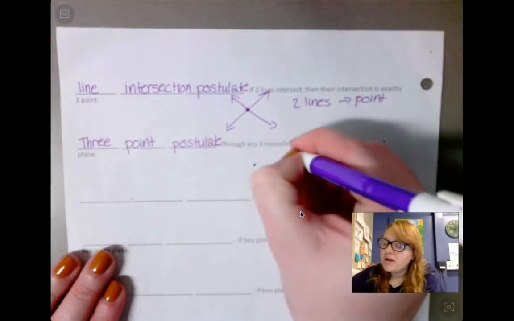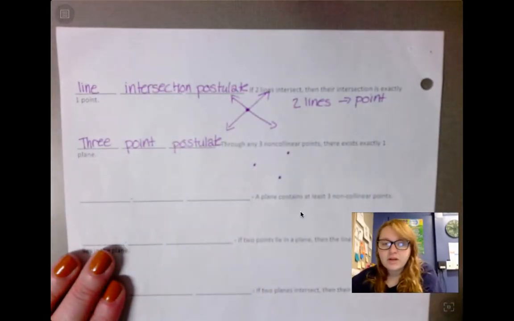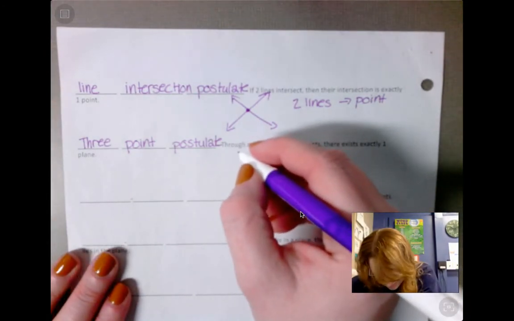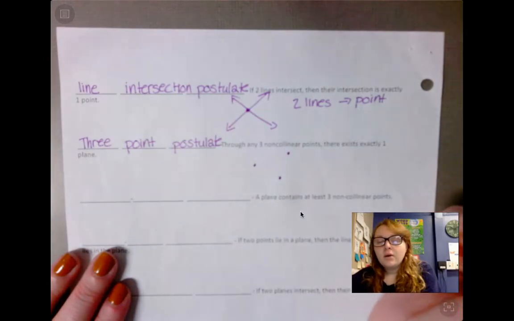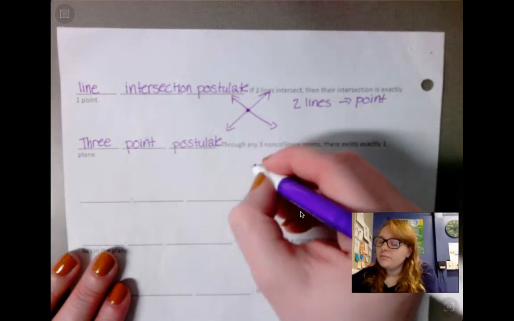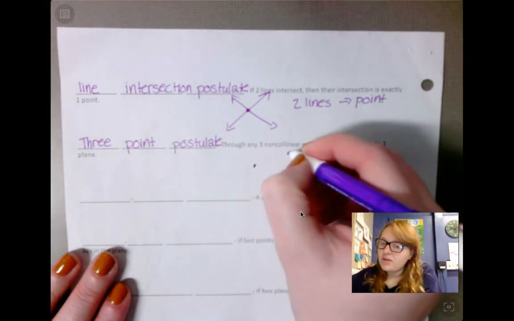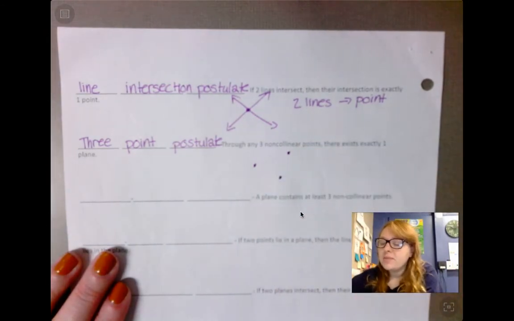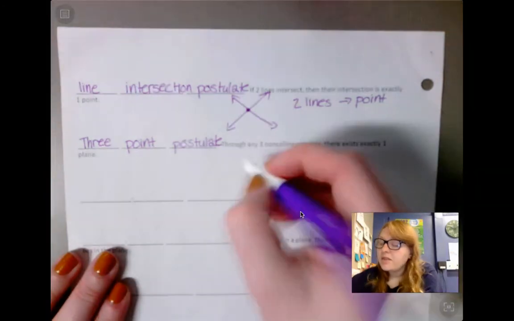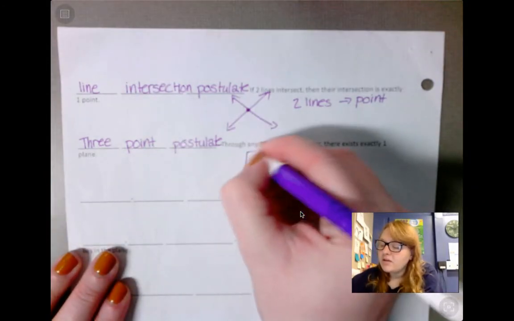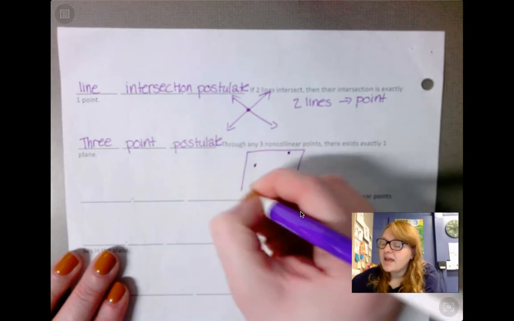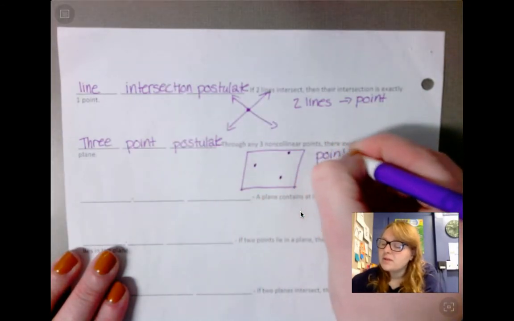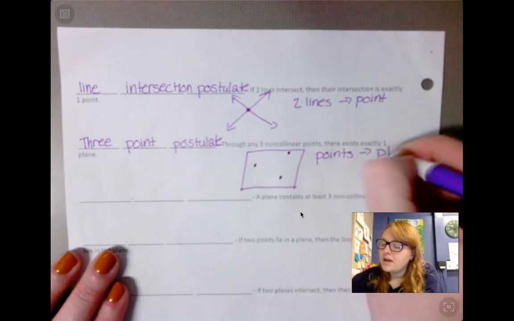So if you have 3 points, and non-collinear points mean that they are not on the same line, then there must be a plane, a flat sheet, that contains all 3 of them. Okay, so with this one, you start with points and you get a plane.